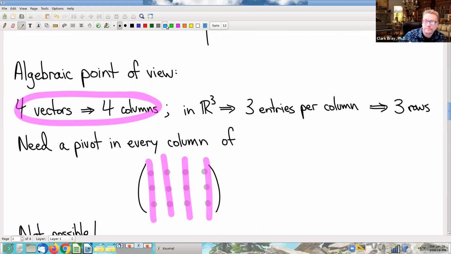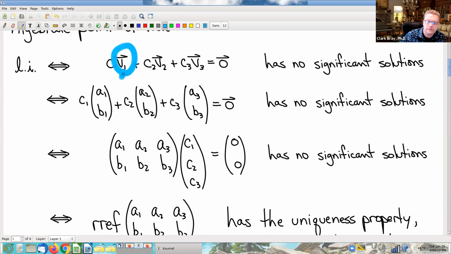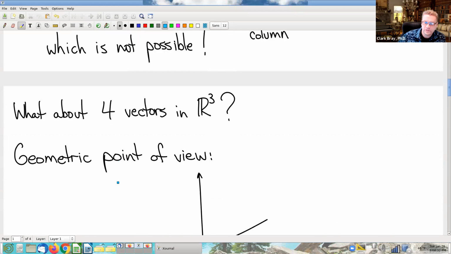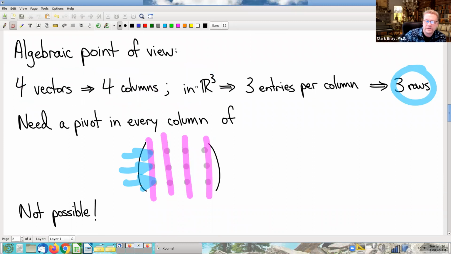Furthermore, now we're in 3 dimensions instead of 2. Up here, because we were looking at 2-dimensional vectors, we had 2 entries in each column in our eventual matrix. Being as we are here in R3, it stands to reason we should now have 3 entries in each column, aka 3 rows. So it's easy to see how this argument adapts.